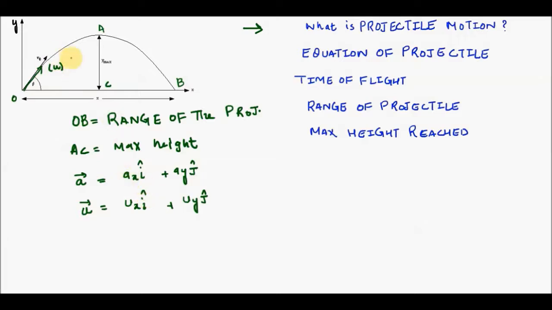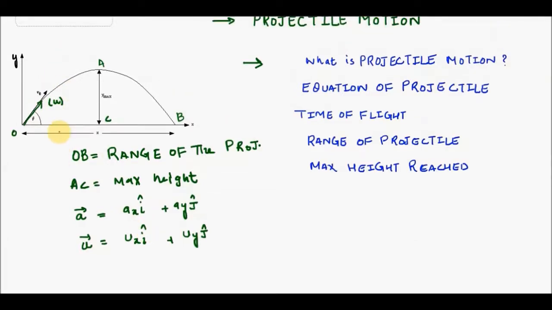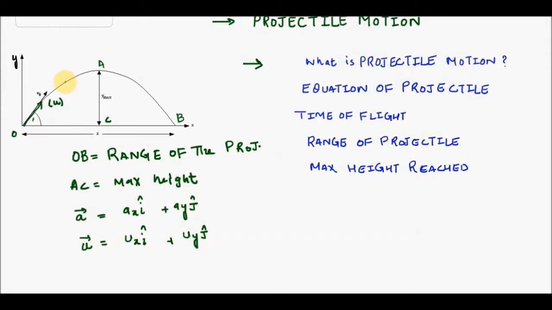Now let's say we have a projectile here, and after some time it has reached here. Notice that the only force acting on the projectile is gravity. So the only acceleration the particle can have is acceleration due to gravity g, and that acts in the y direction.